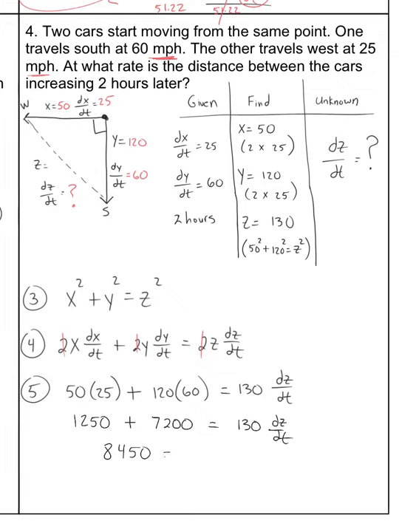And I bring down 130 dz/dt, and now I simply divide both sides by 130 to get dz/dt by itself. So dz/dt, 8450 divided by 130, I am getting 65 miles per hour.